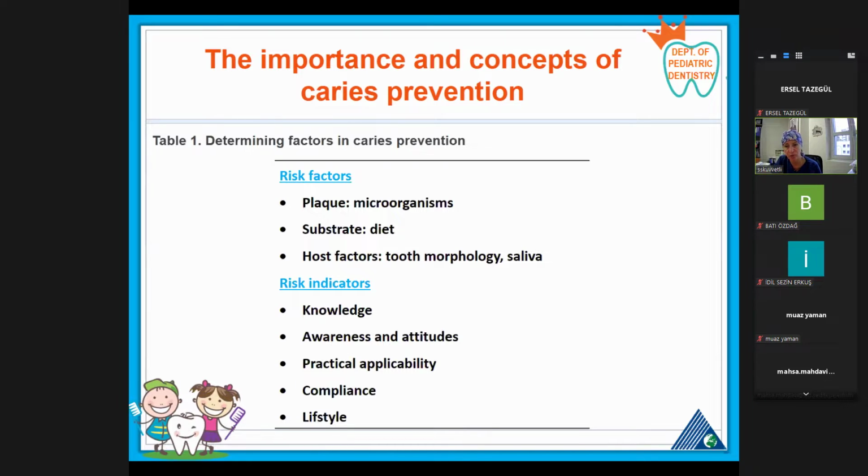So the knowledge of the person or the family, the awareness and attitudes of the individual to dental caries, practical applicability of the measures that we should plan, compliance of the patient and compliance of the family, and the lifestyle are important risk indicators.